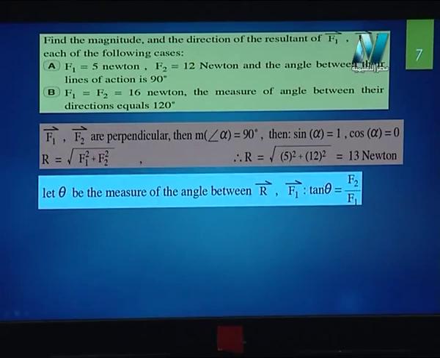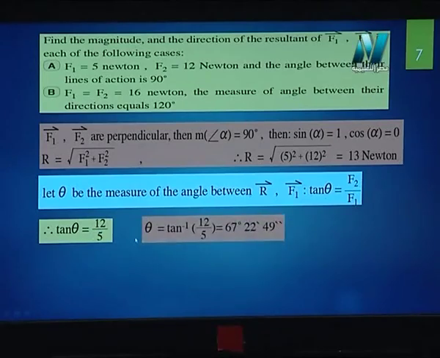Let theta be the measure of the angle of inclination between R, which is the resultant, and F1, which is the first force. Tan theta equals F2 over F1, which is 12 over 5. Press the buttons in your calculator, shift tan 12 over 5.